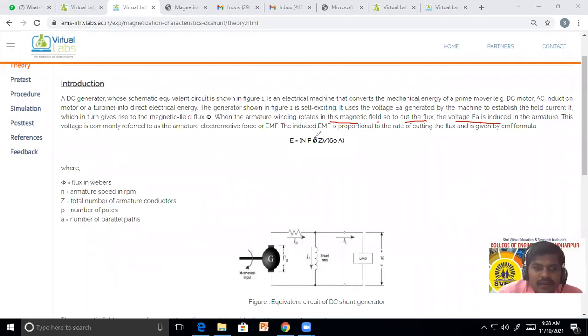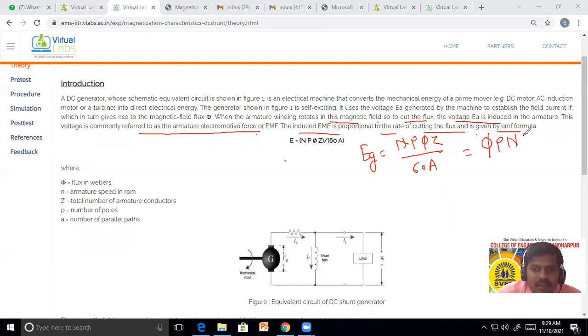Now this voltage is commonly referred to as armature EMF, that is electromotive force, and the induced EMF is proportional to the rate of cutting of the flux, given by the formula E = φPNZ/60A. आपण फॉर्म्युला डेराइव केला. आपण हाच रिप्रेझेंट करतो φPNZ/60A.